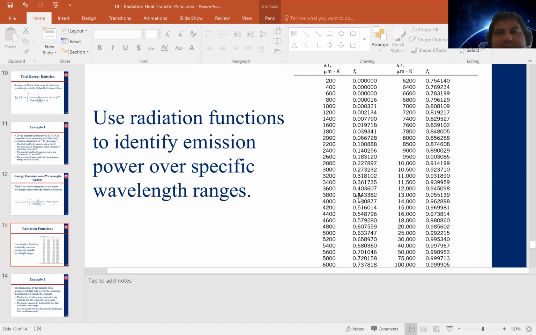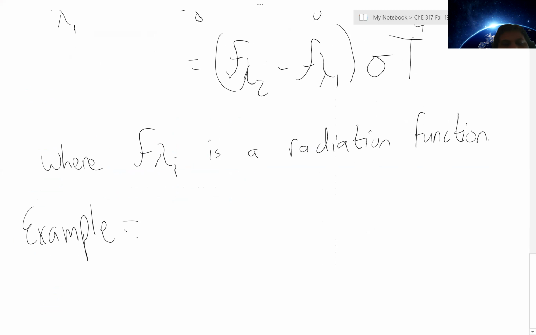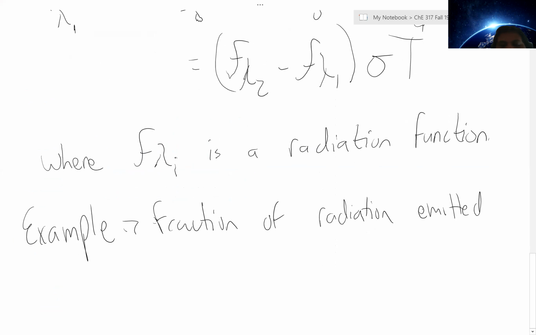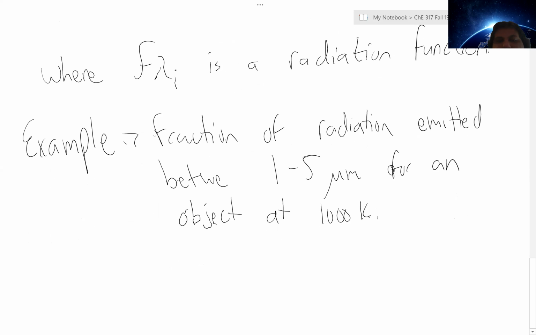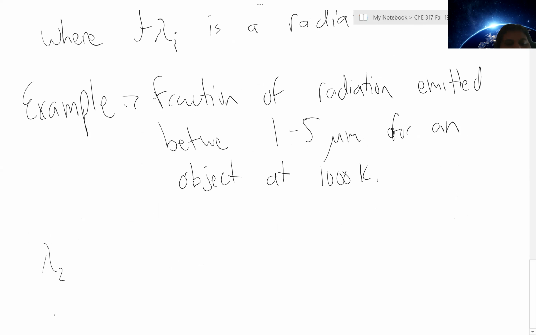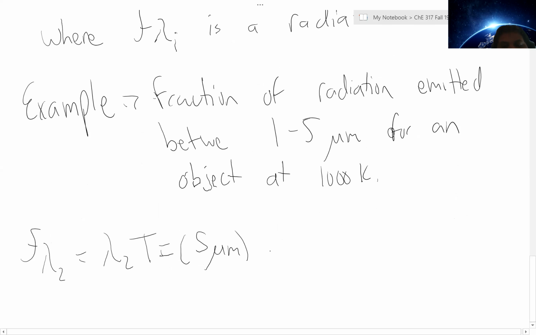So for example, if I wanted to look at the fraction of radiation emitted between 1 and 5 microns for an object at 1000 Kelvin, I would say my lambda 2 T, or 5 microns times 1000 Kelvin, is 5000 micron Kelvin.